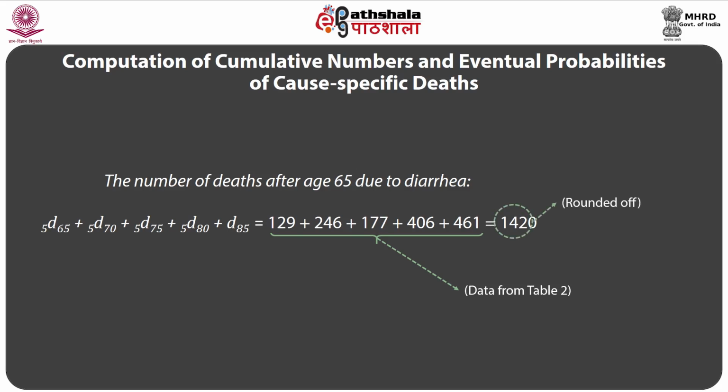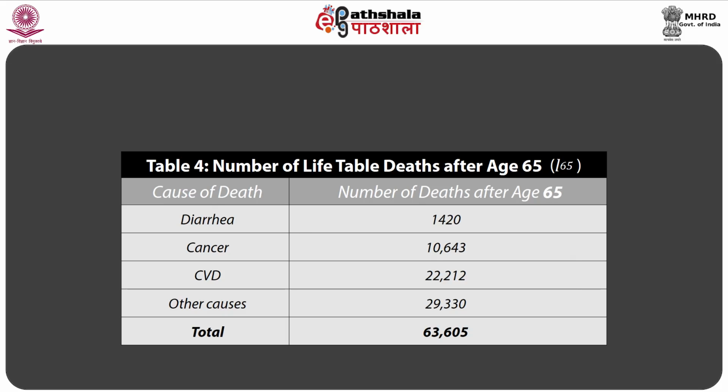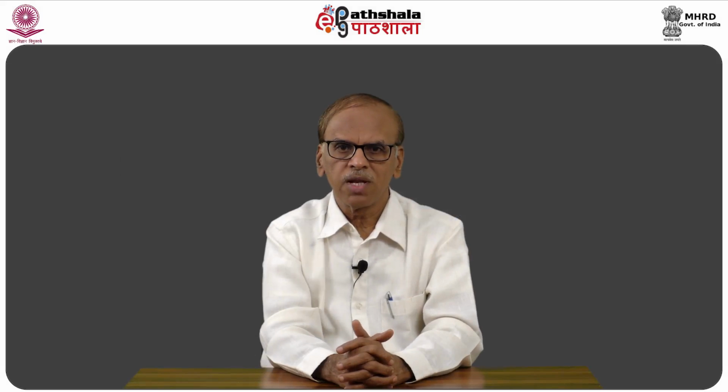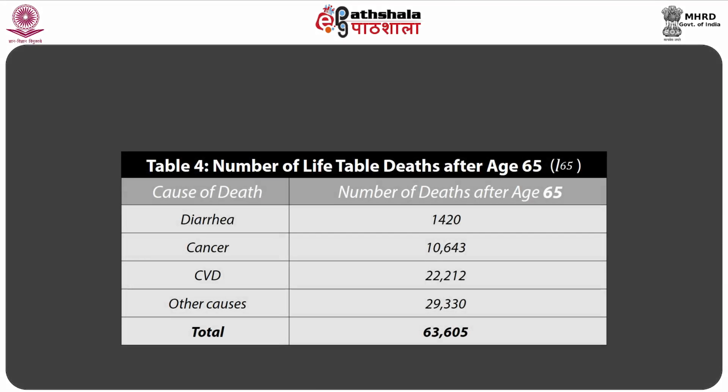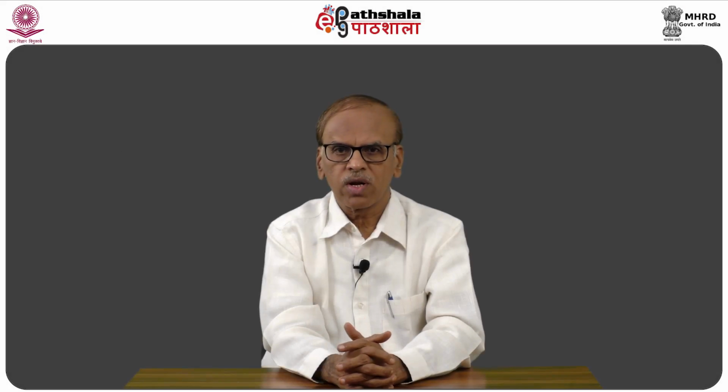Similarly, for all other causes and other age groups, cumulative number is calculated and given in table number 4. Similar sums give the cumulative number of deaths after age 65 due to cancer, CVD and other causes. These sums are shown in table number 4. Step 4.